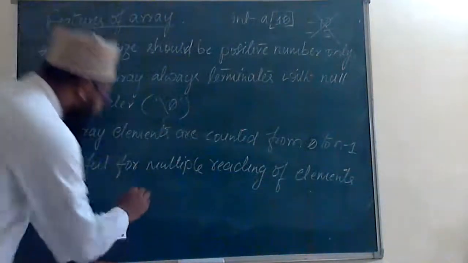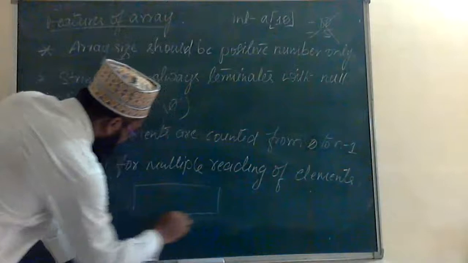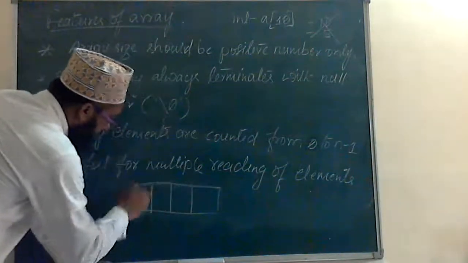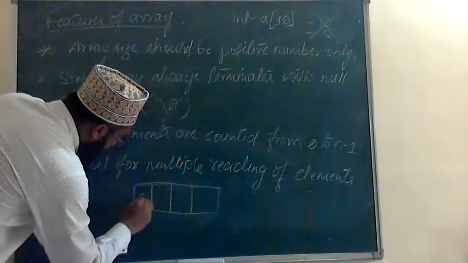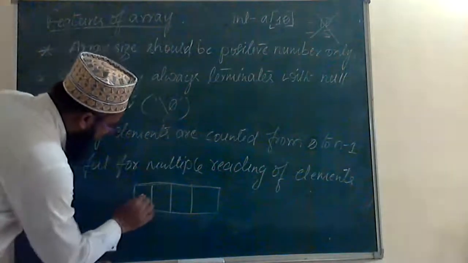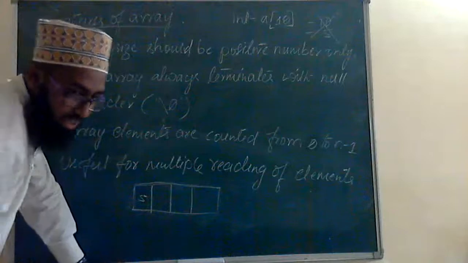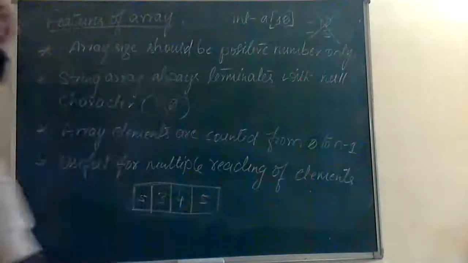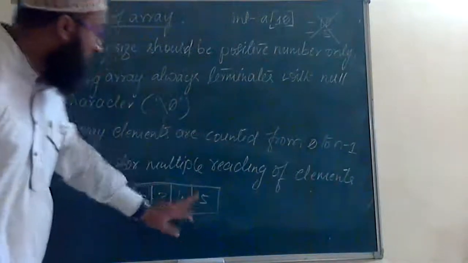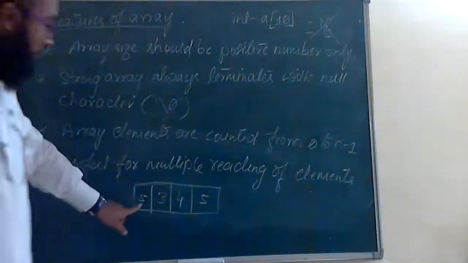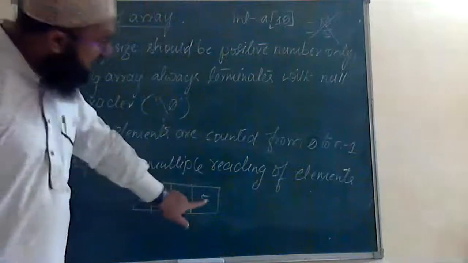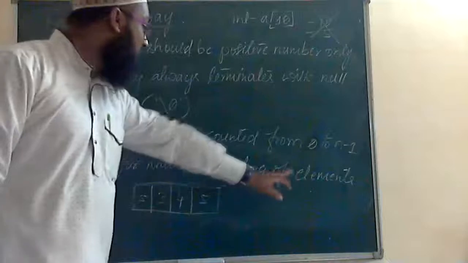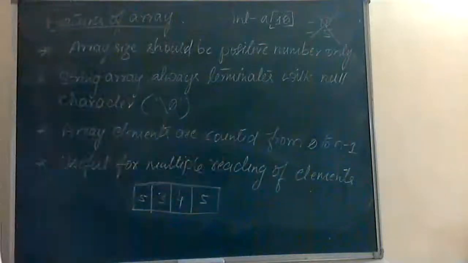Multiple reading means in an array, if number 5 is given in the first element, the same element can be repeated again. This is called multiple reading of elements. The same elements can be repeated anytime and anywhere in an array. That is called multiple reading of elements.